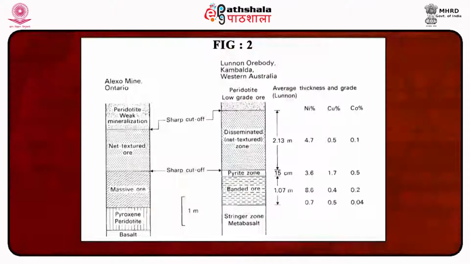This zone is in turn overlain by one of weak mineralization which grades up into overlying peridotite, gabbro or komatiite, depending on the nature of the associated silicate fraction, shown in figure 2: layering of copper-nickel ores in a komatiite flow or sill. Orthomagmatic titanium deposits in anorthosites are also considered to be of liquation origin.